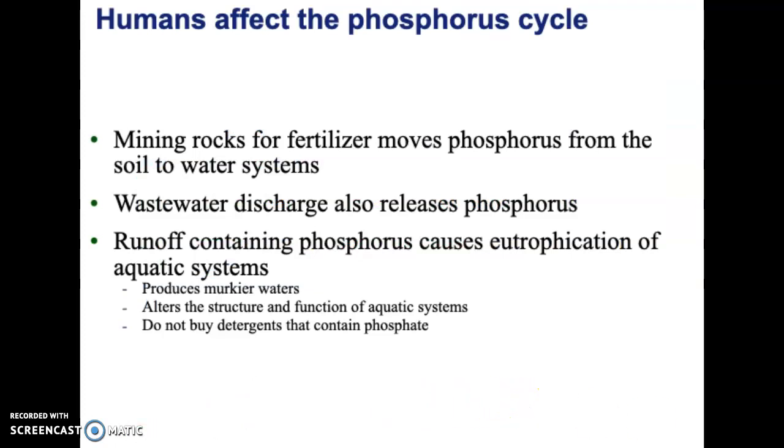So humans have an important effect on the phosphorus cycle. Most fertilizers used in agriculture and also on our lawns and gardens contain phosphorus. We have that NPK ratio that you can find on most fertilizers, and that shows you the nitrogen, potassium, and phosphorus that is found in the fertilizers.